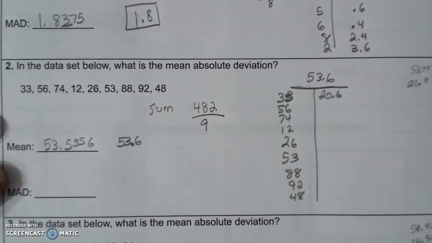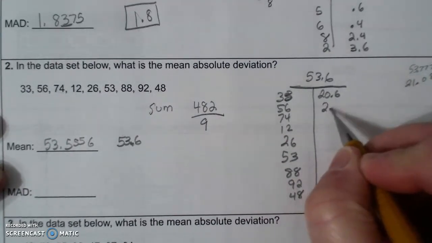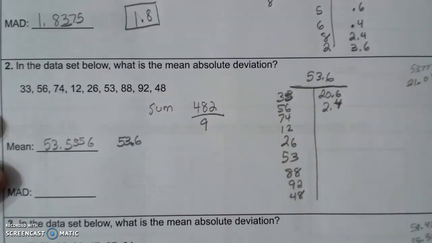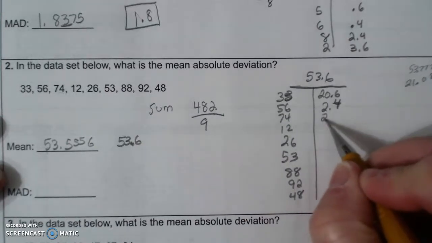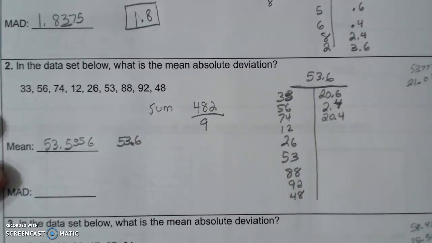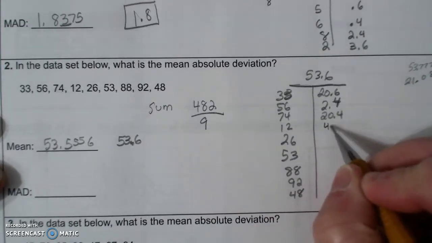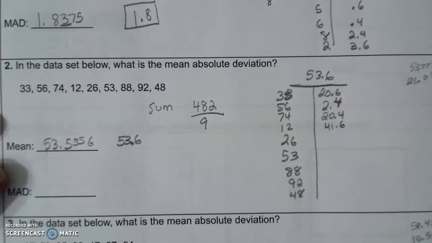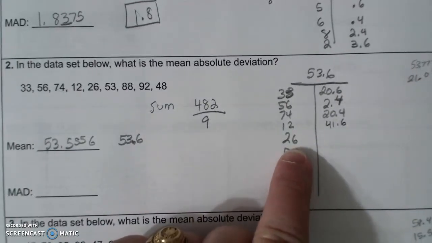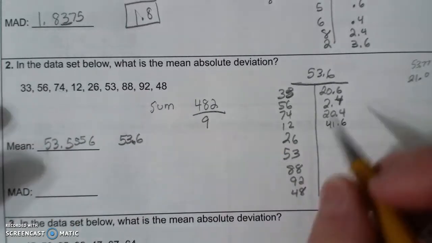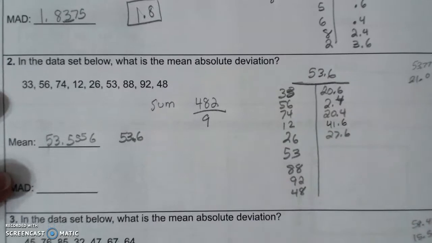I do 56 minus 53.6, 2.4. 74 minus 53.6, 20.4. 53.6 minus 12, 41.6. 53.6 minus 26, 27.6.